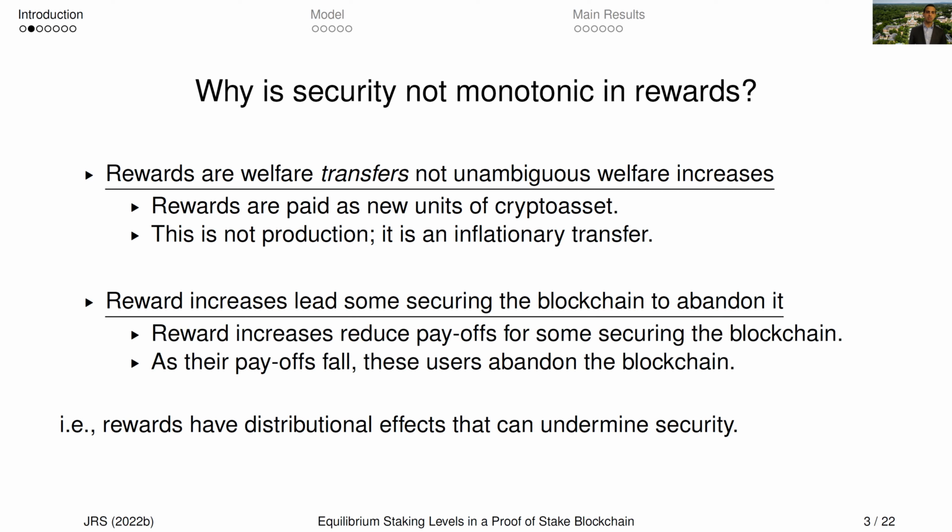Well, what I mean is that when you increase rewards, you're increasing the inflation tax rate on some of these individuals that are participating on the blockchain. And of course, if you increase a tax on somebody, they're going to do less of it. And in this context, that means that they're not going to participate on the blockchain. They're going to participate elsewhere, and that can then undermine overall security.